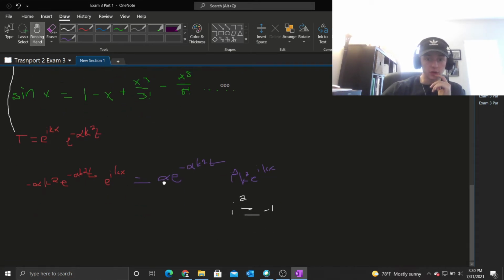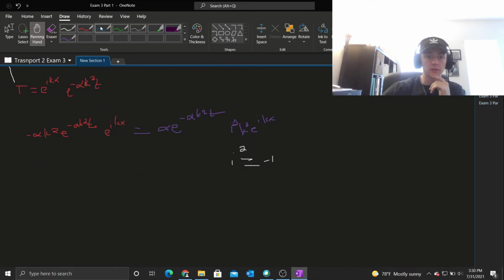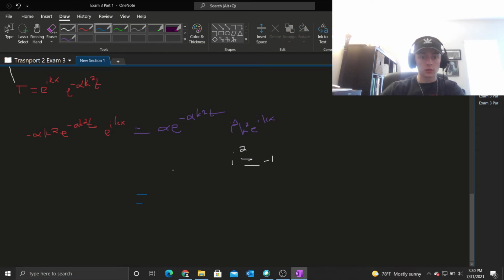If we incorporate that, we turn i squared into negative 1 and move the k squared over.